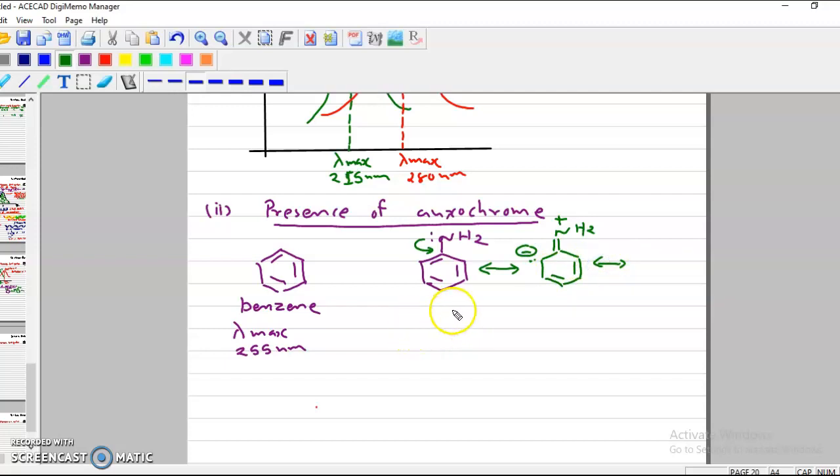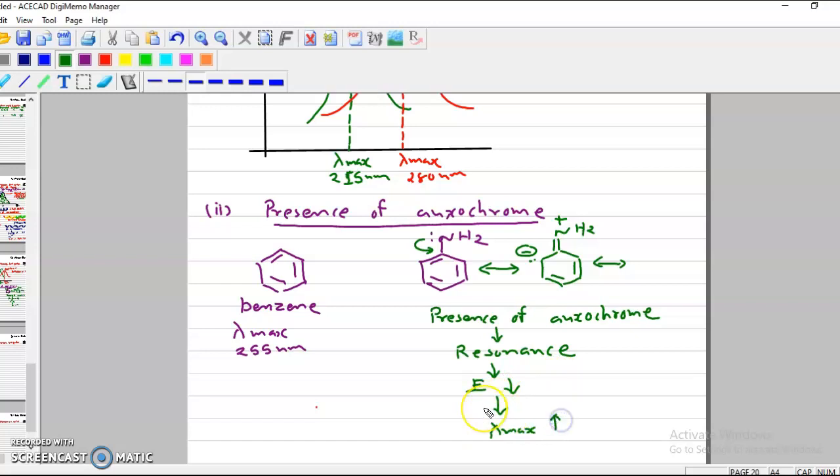So here, because of the presence of the auxochrome, this will lead to more resonance structures. This will decrease energy and increase lambda maxima.